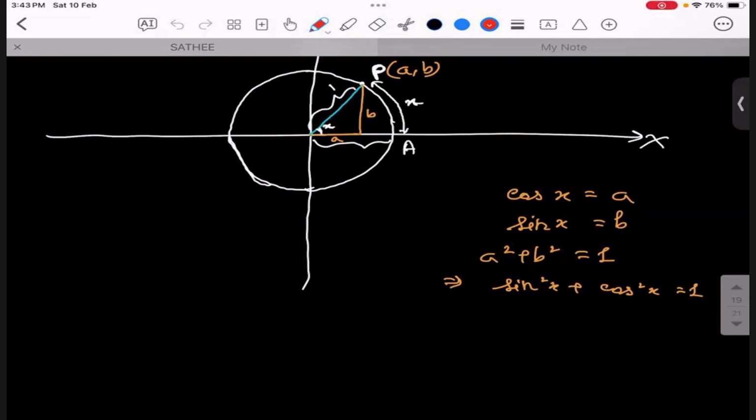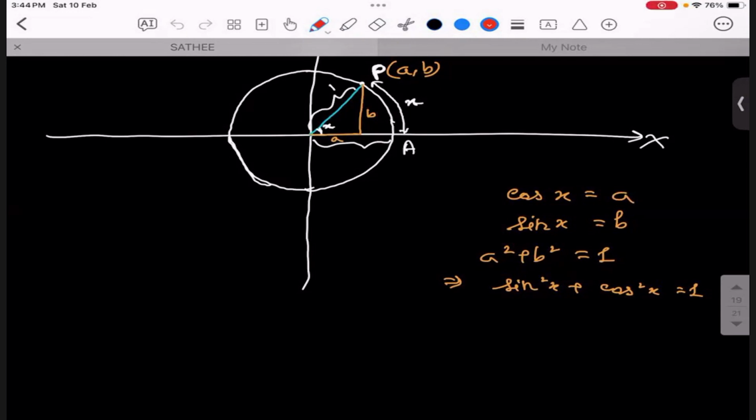At the beginning of this class we discussed the one-to-one correspondence between radians and real numbers. So the question is, what will be the value of cos x and sin x, what will be their domain, and what should be the specific values?